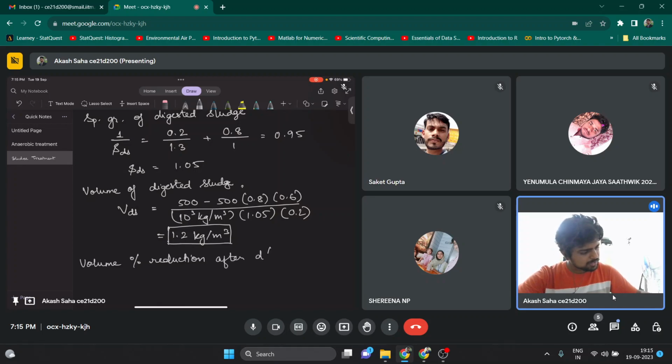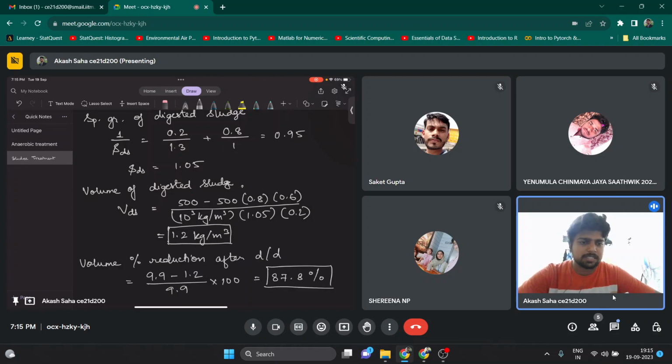After digestion and dewatering, it will be 9.9 minus 1.2 divided by 9.9, into 100, equal to 87.8%. This is the volume reduction. With the help of digestion and dewatering, we are able to reduce the sludge volume by 87.8% in this question. So this was the whole question.